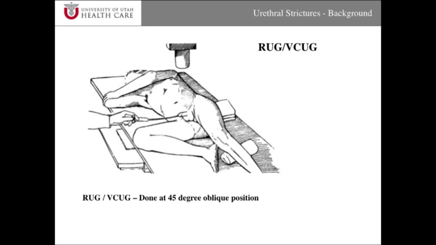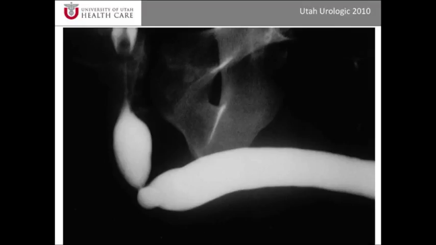This is how a retrograde urethrogram or voiding cystourethrogram is done. There's injection of the contrast dye into the urethra, and then X-rays are performed, and this will show where the narrowing is along the urethra. So here's a typical small stricture, and what you can see here is this is narrowing that's normal, and it's associated with the prostate and the sphincters.